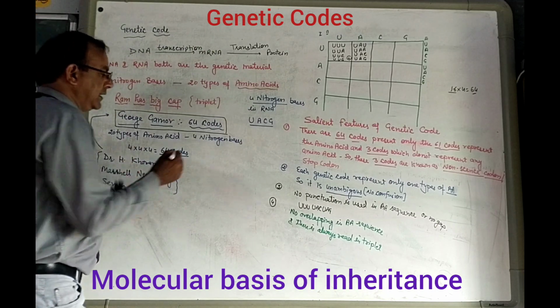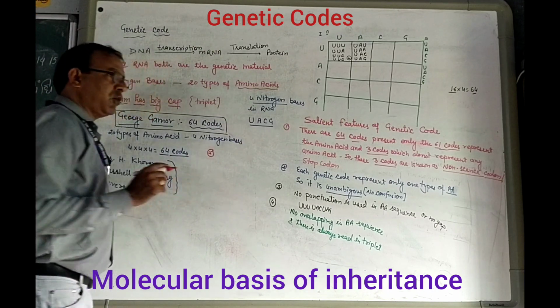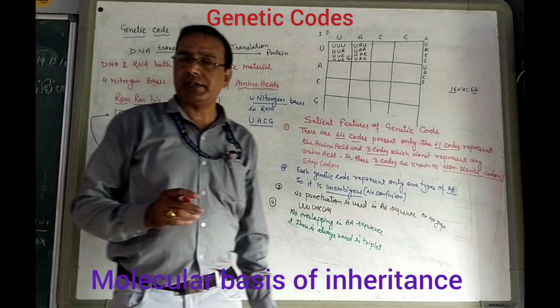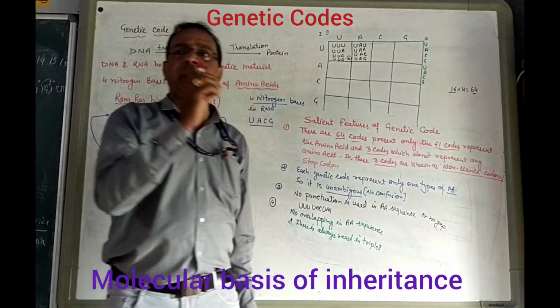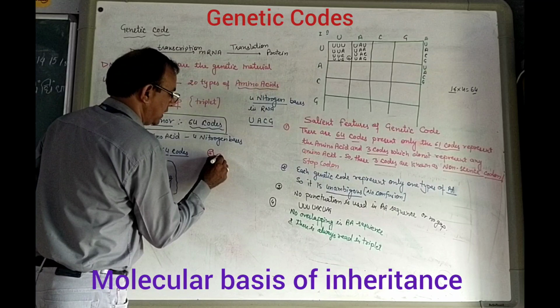And the fifth one is that the genetic code is universal. It means it is accepted by the universe.